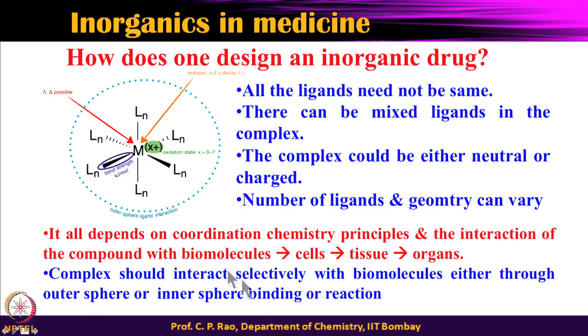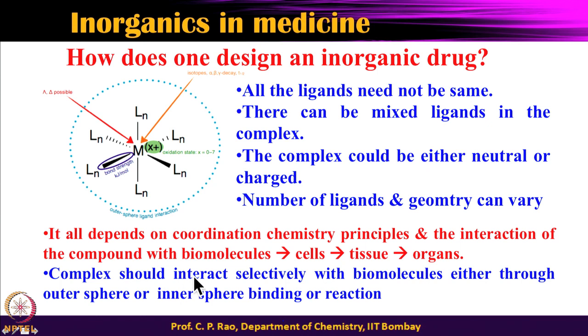That is why the design and improvement of inorganic complexes and inorganic drugs keeps going on, in order to reduce side effects, increase potency, and increase selectivity, so that they will not attack all the molecules and all kinds of cells in the body, but will attack selectively only certain molecules, ions, and cells.